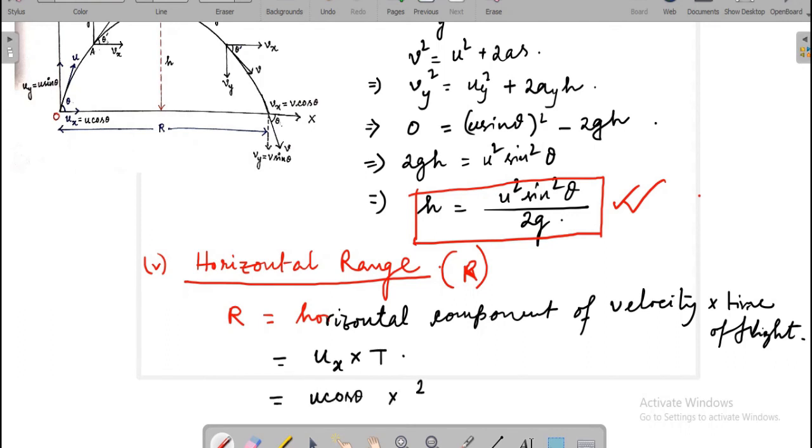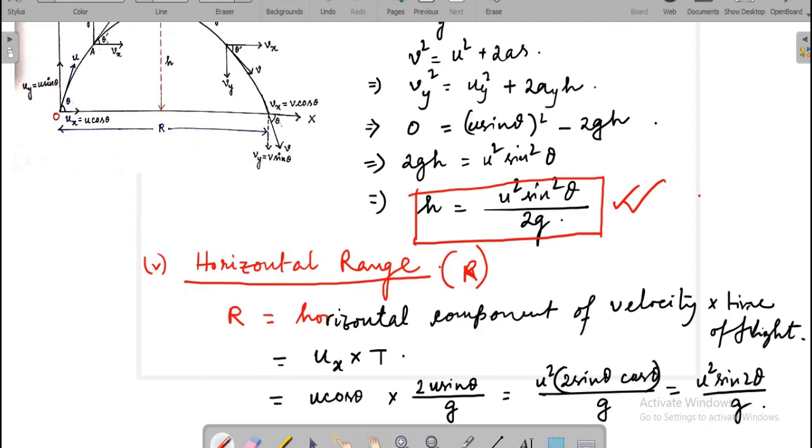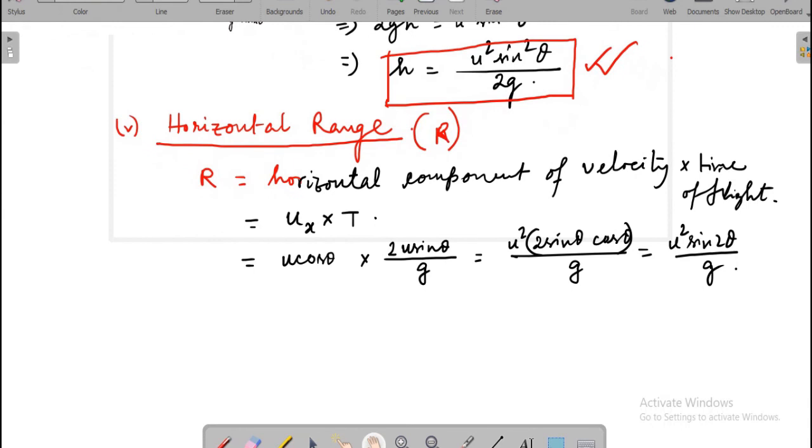Into capital T, which we have already found, 2u sin theta by g, and it becomes u square 2 sin theta cos theta by g. We know 2 sin theta cos theta is sin 2 theta, therefore u square sin 2 theta by g. So our R is equal to u square sin 2 theta by g.